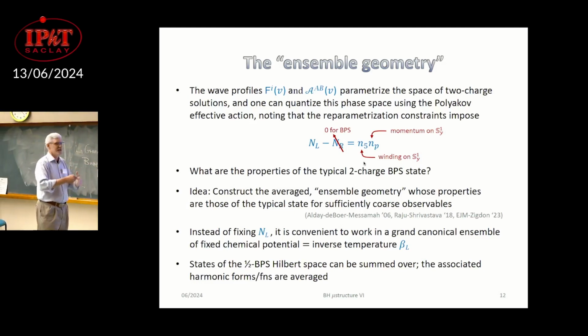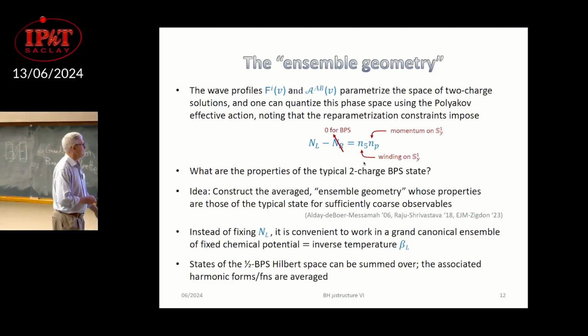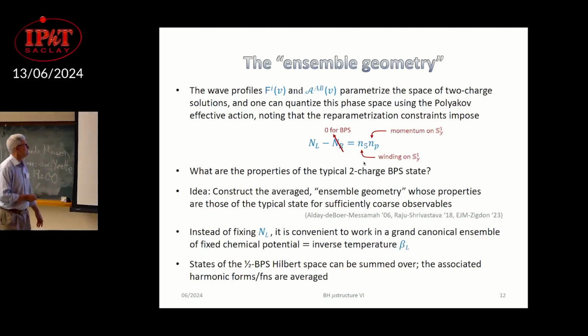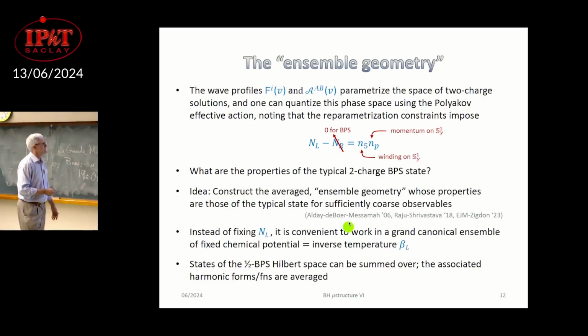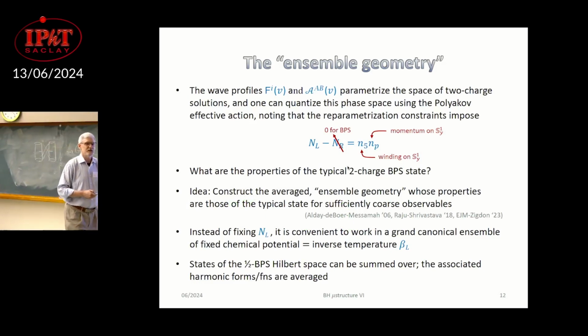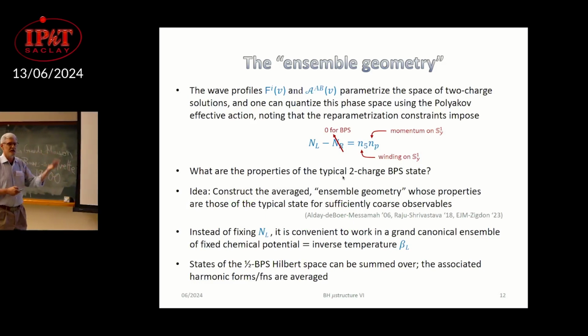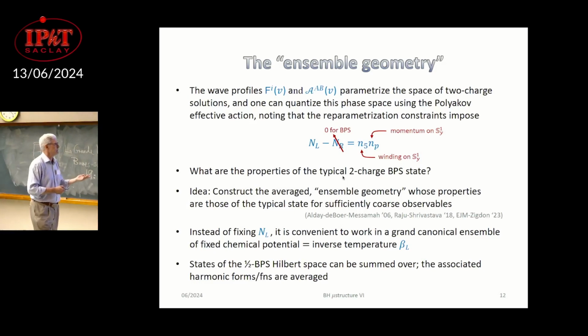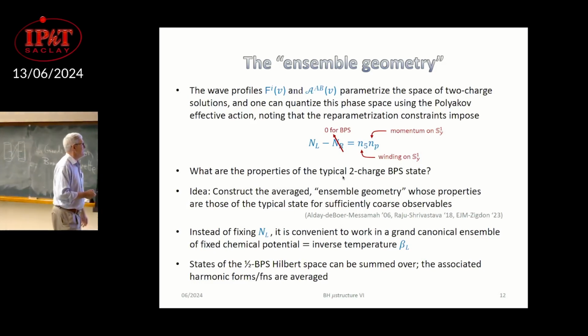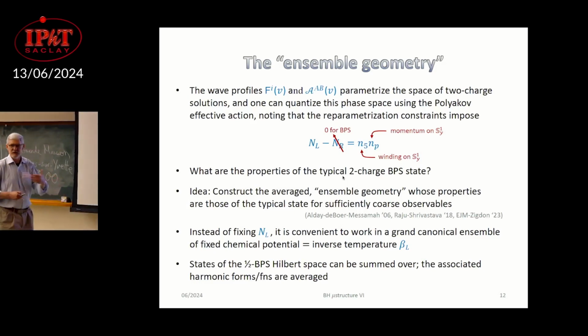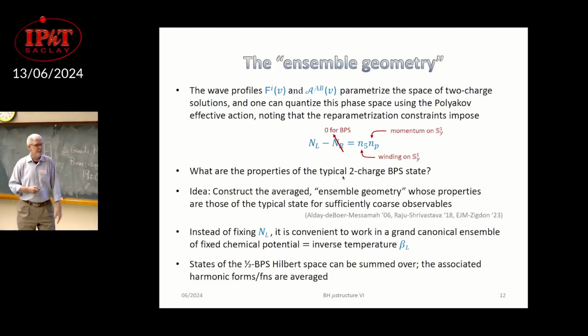It's what I would call the ensemble average of all of the black hole microstates. And so follow the same logic here. We would say, okay, let's construct the maximally mixed state on the space of half BPS configurations. And let's just take these harmonic functions and construct their ensemble average.